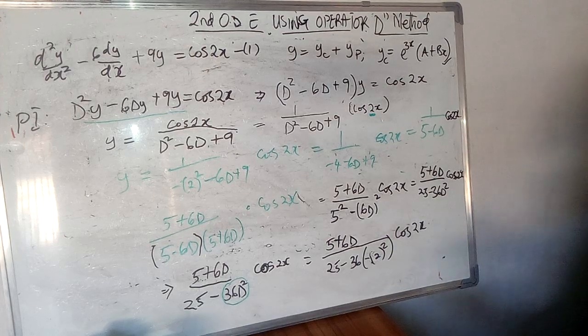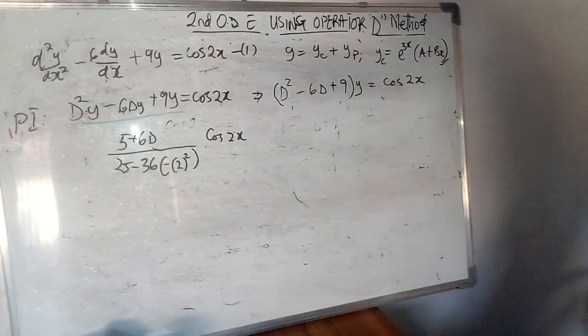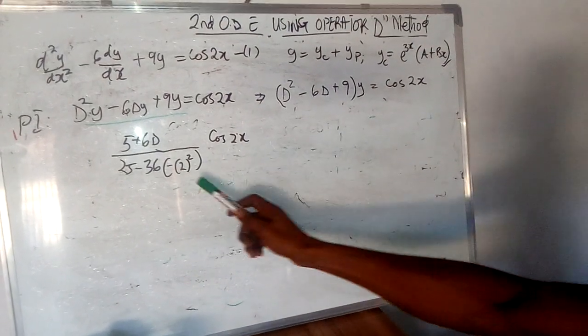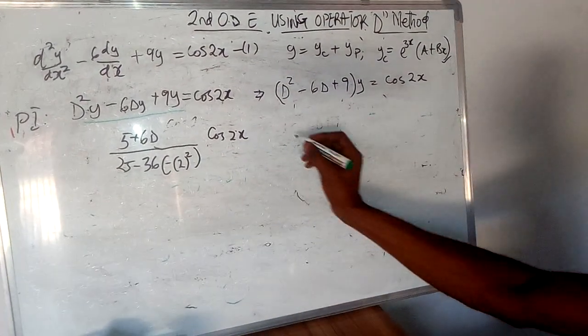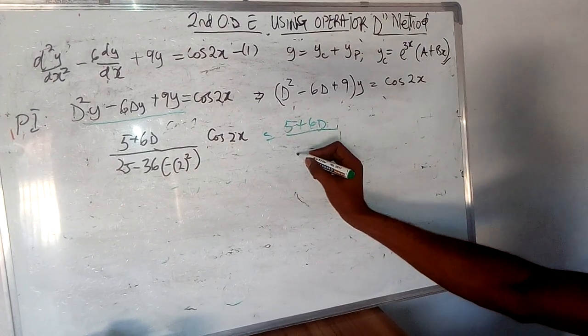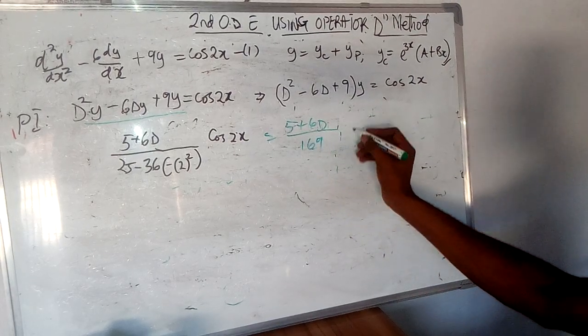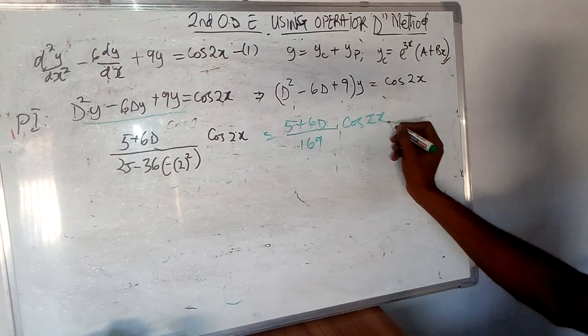Alright, let's erase some parts. If you multiply this out, you will have 5 plus 6D all over 169 cos 2x.